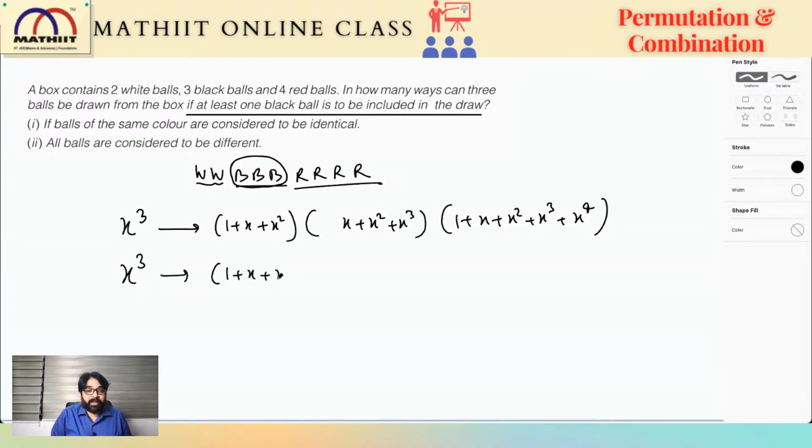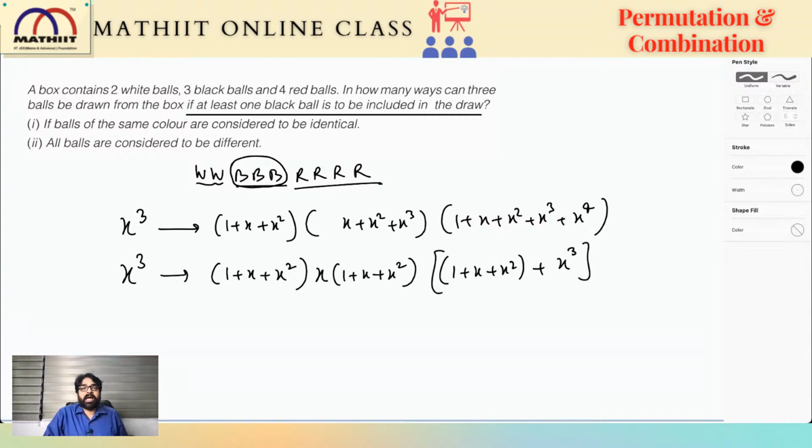From here I can take x common, so I'll get 1 plus x square. And everything here is 1 plus x square plus x cube. This case I will reject. I hope everybody can understand why I am rejecting this. This is rejected. Sir, why rejected? Because I want x cube.